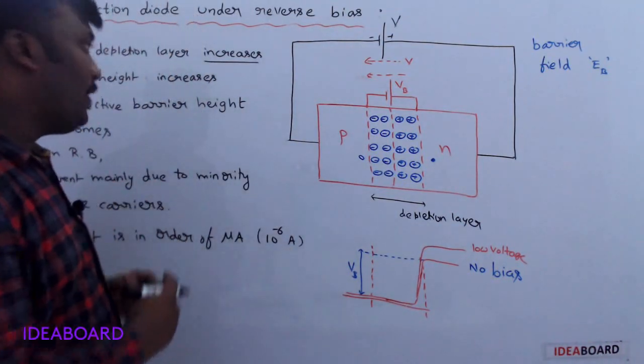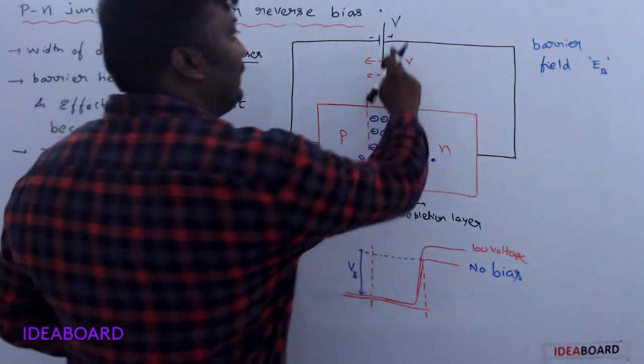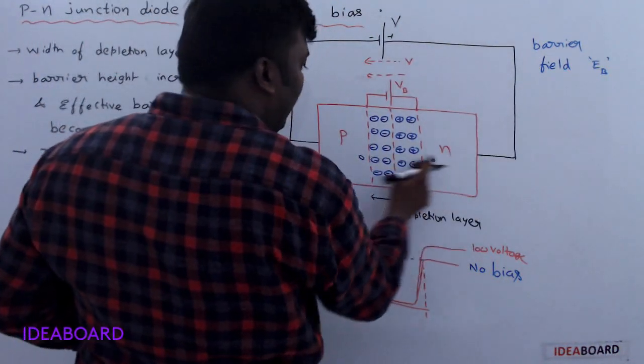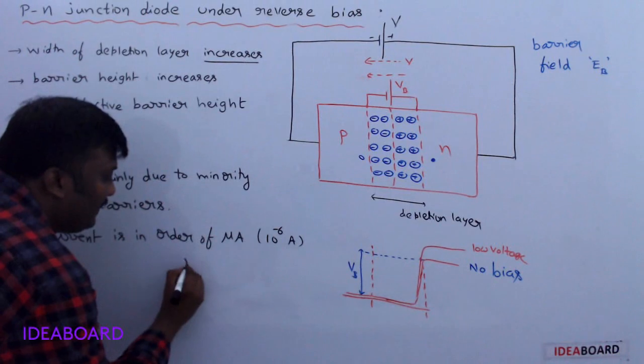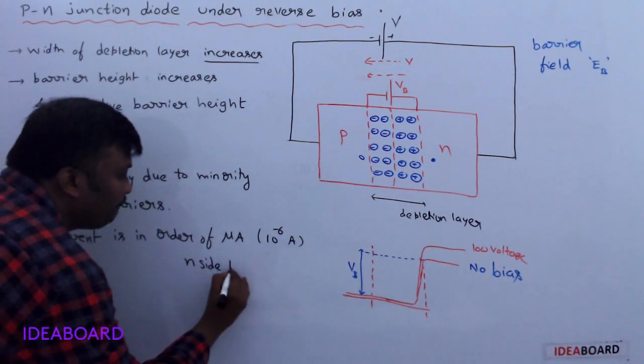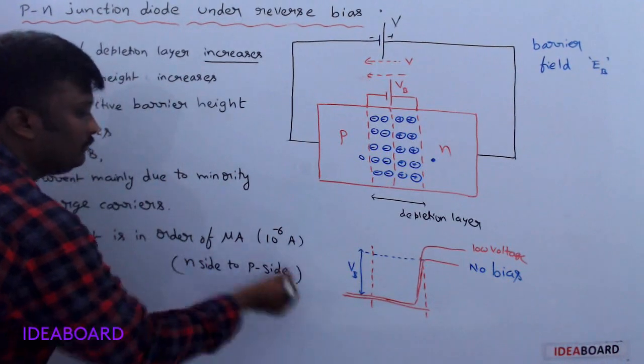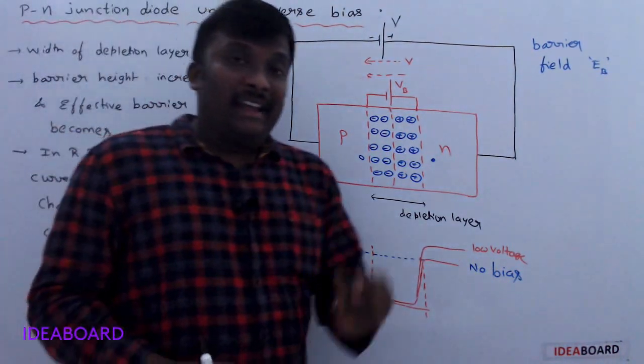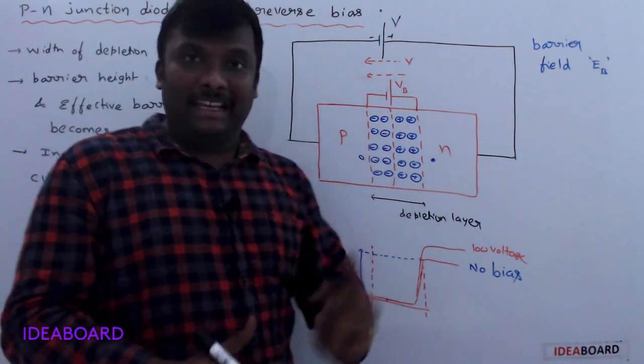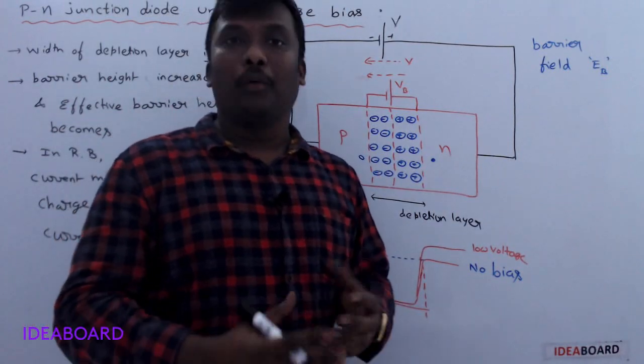And what is the direction of current? The direction of current here is in this way, meaning N side to P side. Whenever current is less, its resistance is more.